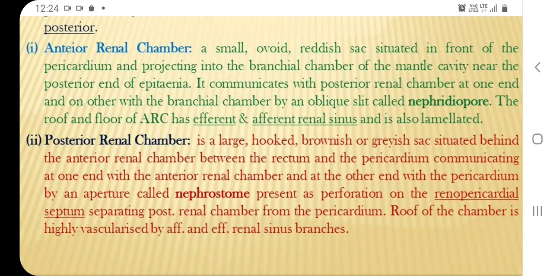Anterior renal chamber is a small, ovoid, reddish sac situated in front of the pericardium and projecting into the branchial chamber of the mantle cavity near the posterior end of the ctenidium.